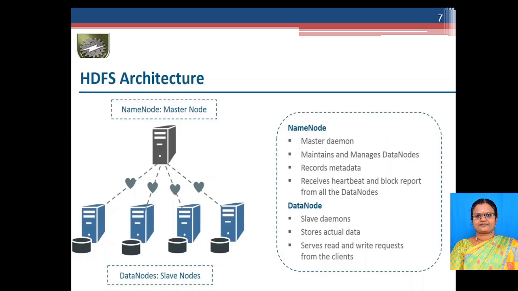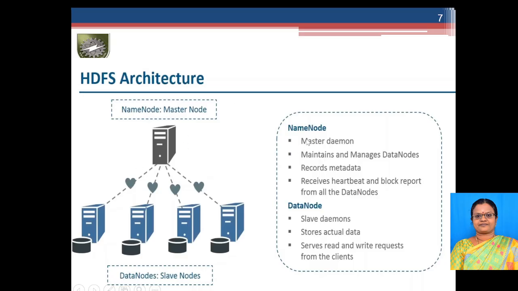The data node is present at the slave nodes, whereas the name node is present at the master node. The data is distributed to all the slave nodes using the master node, and retrieval is also done by the master node, which manages the information across these slave nodes.